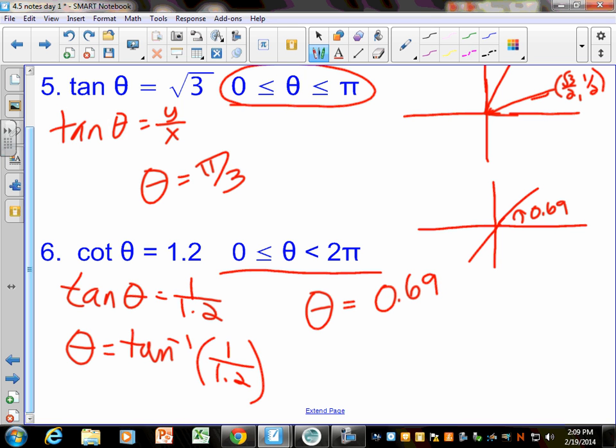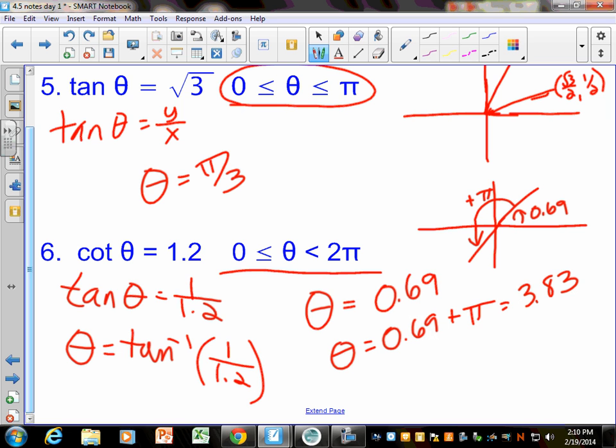What could I do to get from this angle to that angle? Which means to find my other answer, I could take 0.69 plus pi, and my calculator is never going to give me that answer of 3.83. But you've got to give me that answer.